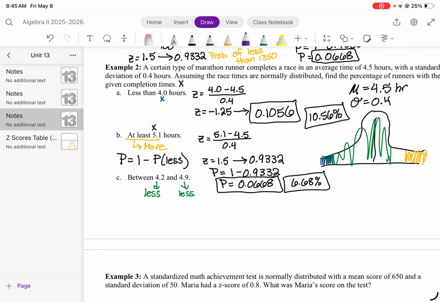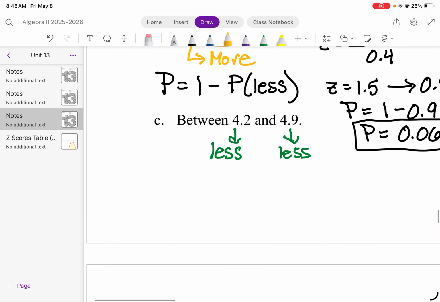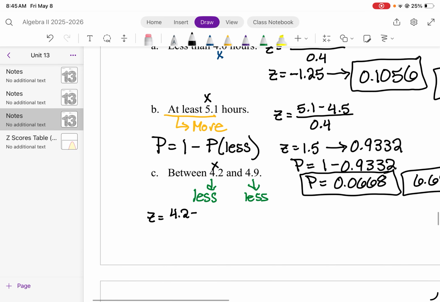And then we're going to find the probability of everyone getting less than 4.2. And we're going to subtract that. That will give us just the value of this middle part here. That's what we're looking for. So we need two different z-scores for this. For our first x value, we use 4.2 minus our average, which was 4.5, did not change, divided by our standard deviation of 0.4.